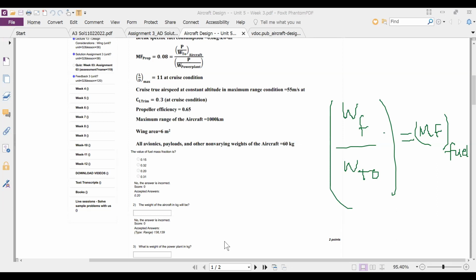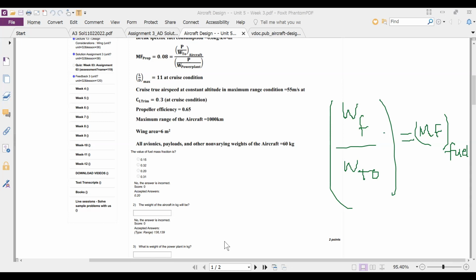Yes, sir. Correct, sir. Correct. And then you do the manipulation and hopefully we'll get an answer for W not divided by W final. And that would be around 1.2569.